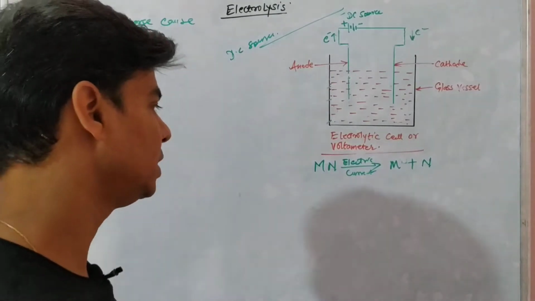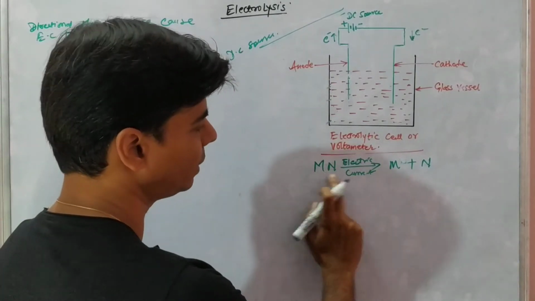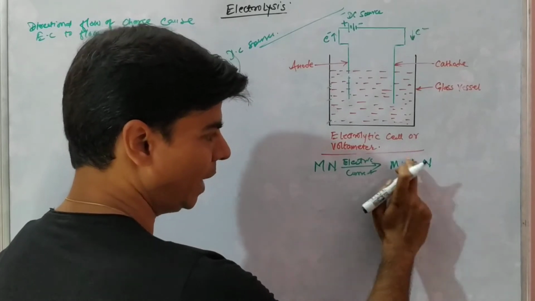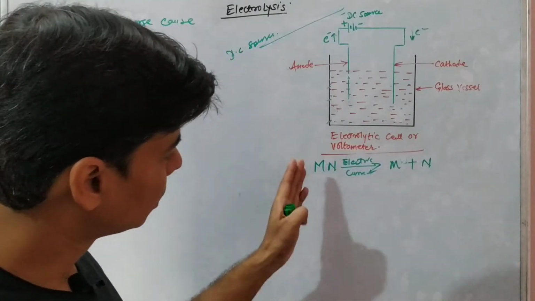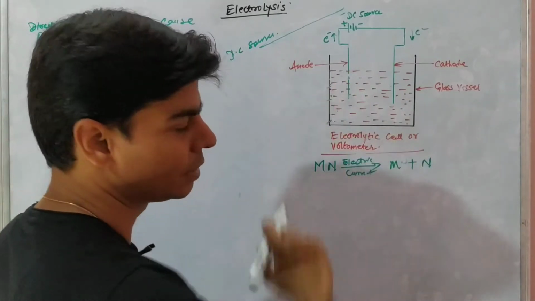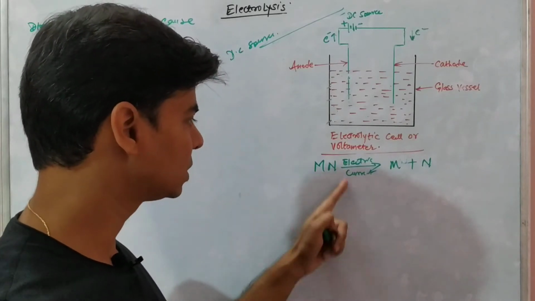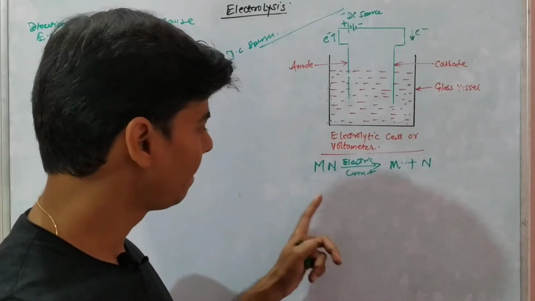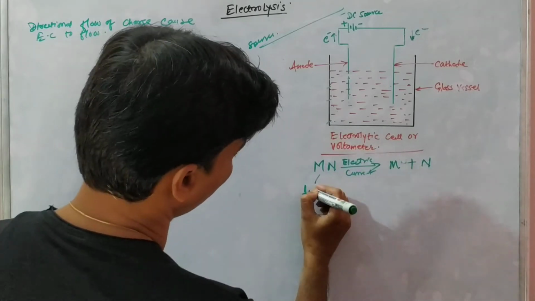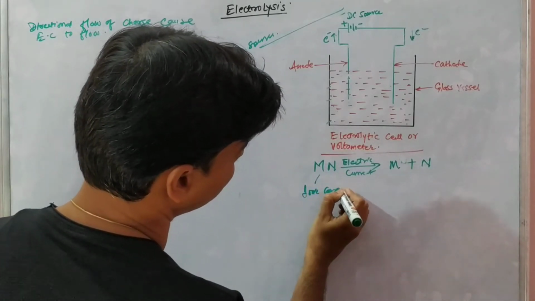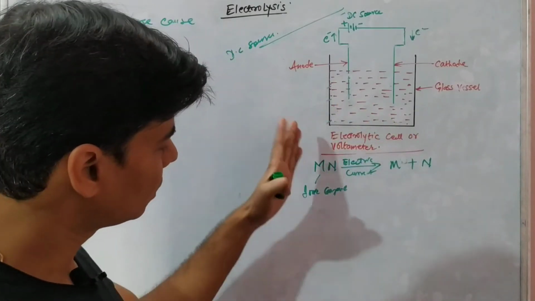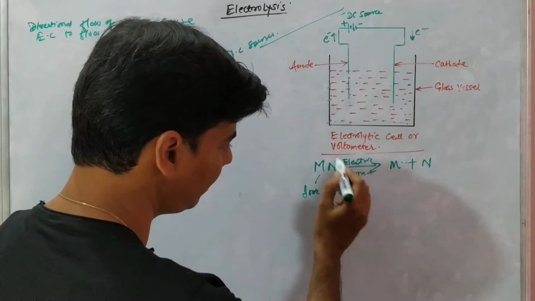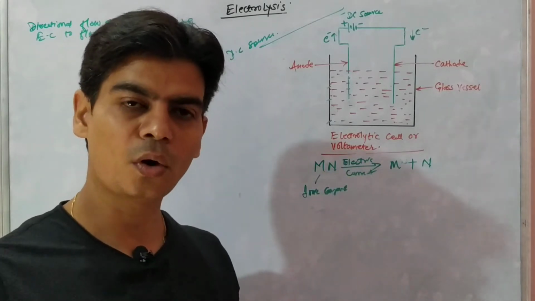Now we will see how we can break this electrovalent compound into M and N, because this electrovalent compound is made up of M and N. So that means this electrolyte would consist of this ionic compound, right? This is an ionic compound. So this electrolyte would consist of the ionic compound MN, in solution or in molten state.